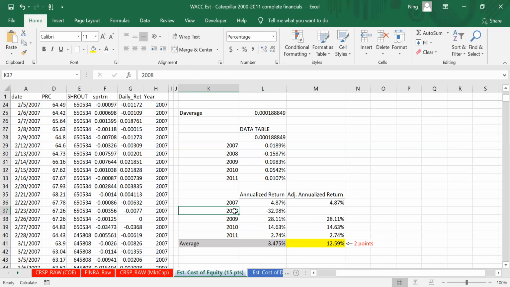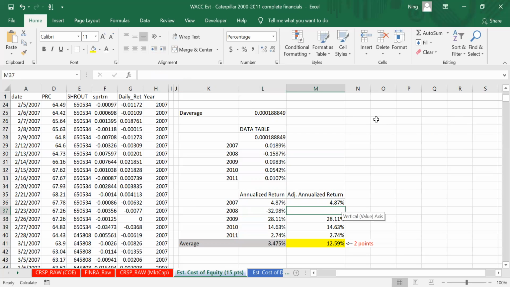We see that it includes the fiscal year of 2008. As we know, 2008 is the peak of the financial crisis, and therefore the market return in this year is especially low. So that means this is an outlier. We probably should exclude it from our calculation for average annualized return.